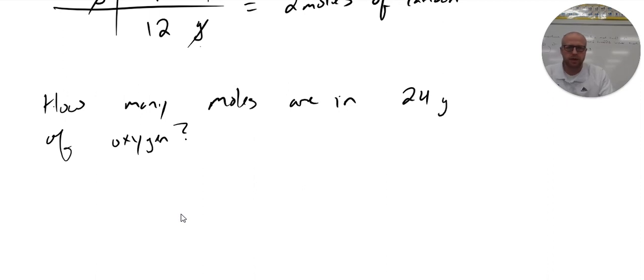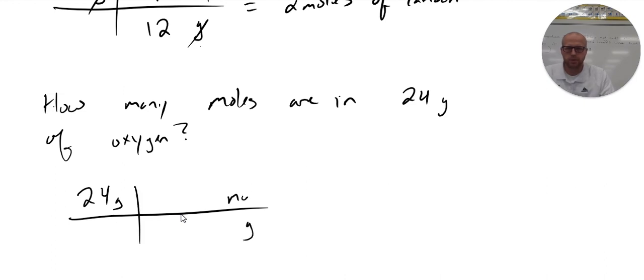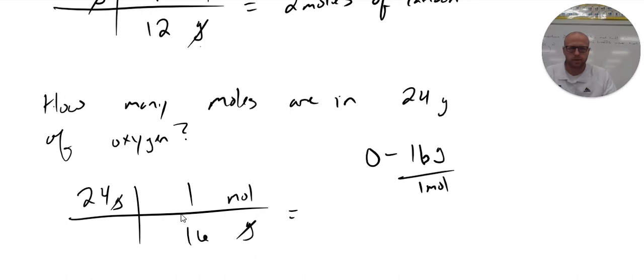I know that there's 24 grams. Okay, I want to cancel out grams. And I want to go to moles. Well, I know on the periodic table that oxygen has a molar mass of 16 grams per every 1 mole. So I can use these over here. I know in 1 mole there are 16 grams. My grams cancel out. And what I come out with is 1.5 moles of oxygen.